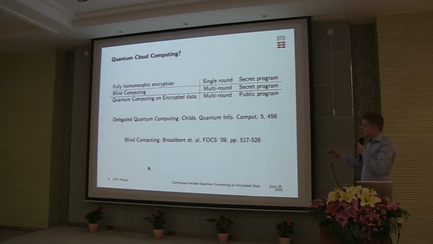Then Broadbent and others, in 2009, about the same time as the classical homomorphic encryption, came up with this idea of blind computing, which is a weaker version of homomorphic encryption, in the sense that you still have your input and your output and your program, and you want some combination of these to be secret to the server that you're sending stuff to.